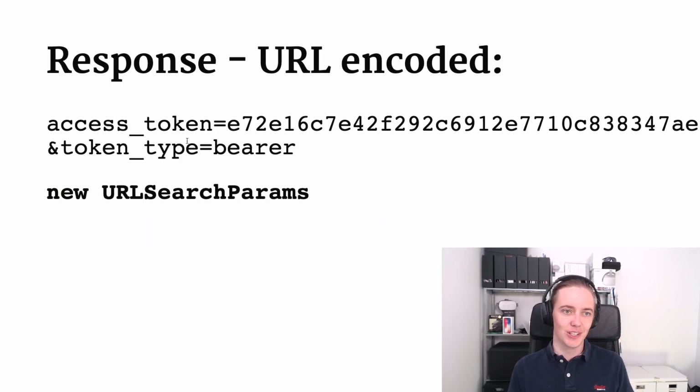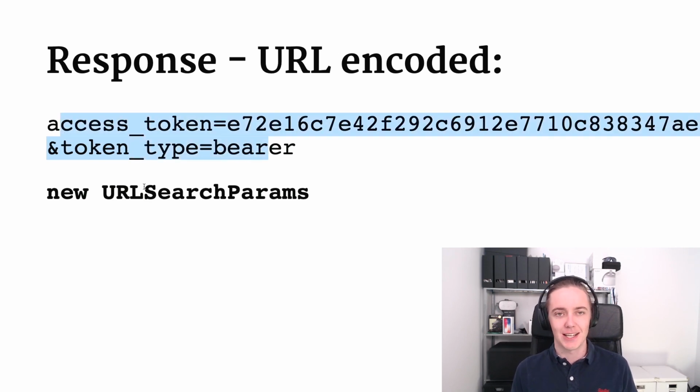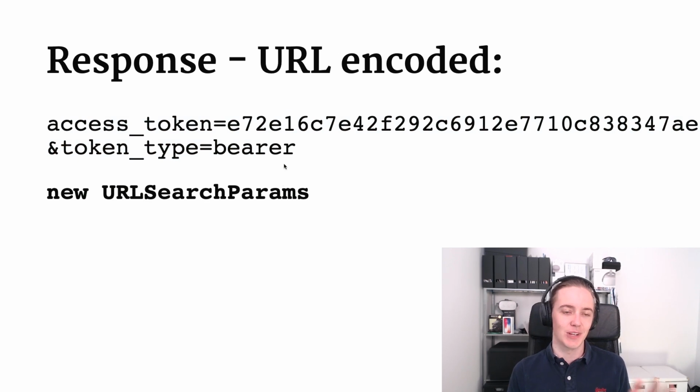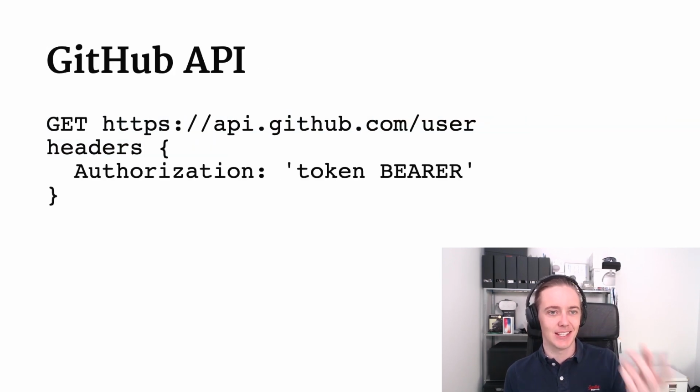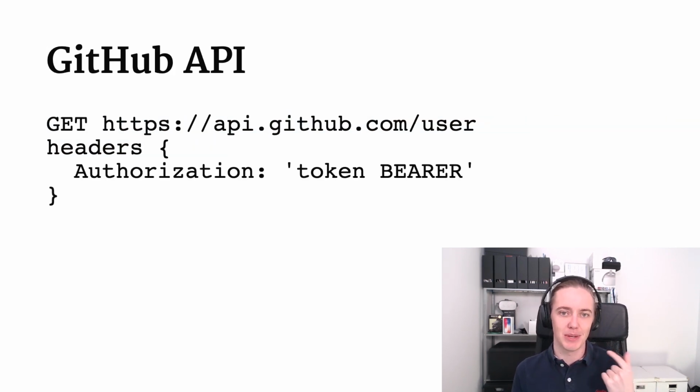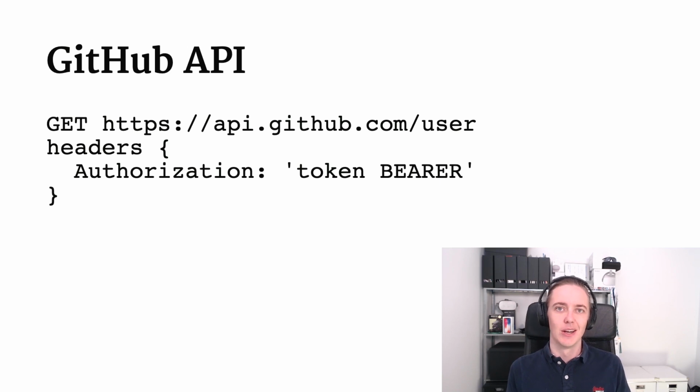It's URL encoded, and it has access_token equals, and then ampersand token_type bearer. We can then parse this with URLSearchParams. And once we have the access token, we can send a request to api.github.com/user and get the user back. This way we can see who it is that we actually got the token back from.